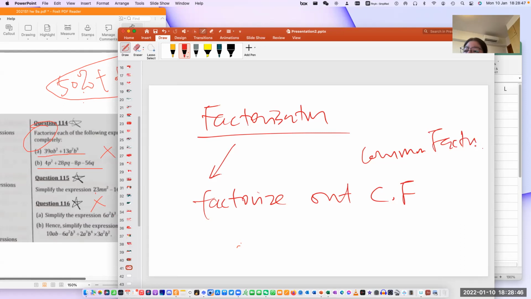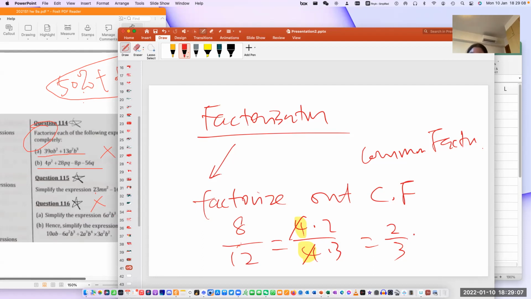Think of this, 8 over 12. If you want to factorize, 4 times 2, 4 times 3, you factor out common factor 4, therefore you can cancel. So you end up with 2 over 3.